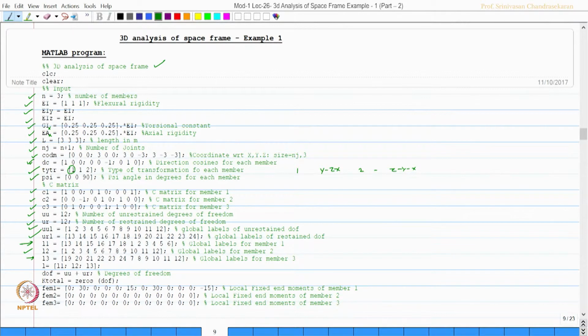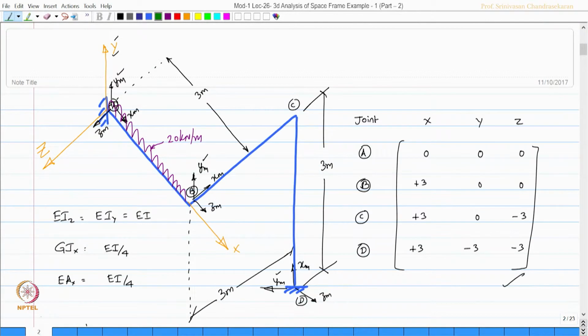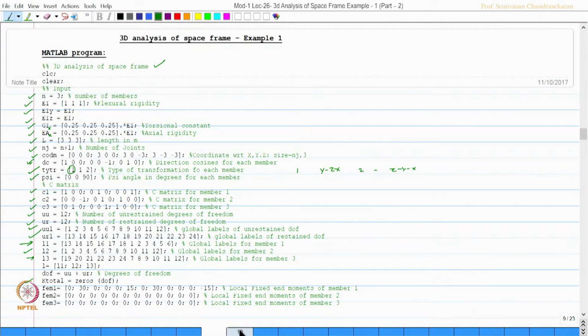Then we formed the degrees of freedom, then we found out the fixed end moments. You know, the fixed end moments are going to be computed based on the loading. The loading on the member is only on the member AB. So, the member AB will have moments. Member AB has 13 to 18 and 1 to 6 as the degrees of freedom.